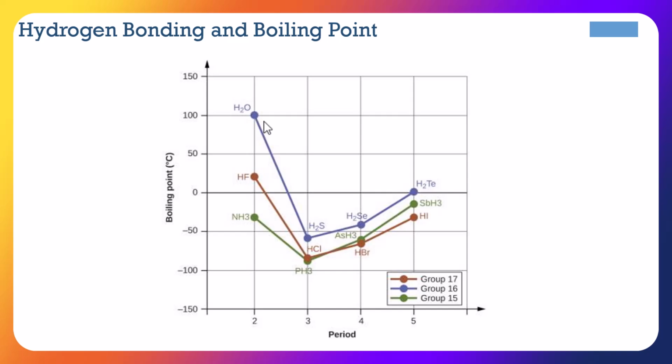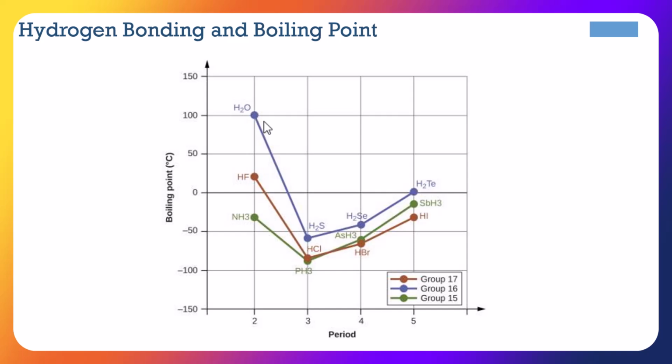Okay. Since we're on this fun journey with water having this crazy high boiling point, let's take a closer look at water because it's a fun molecule, right? It's got some really unique properties. Its boiling point is significantly higher than all of the other molecules that are similar to it.